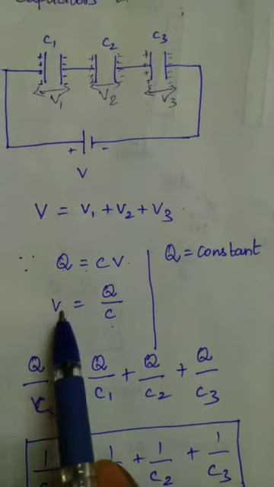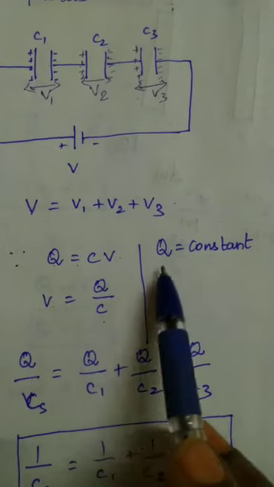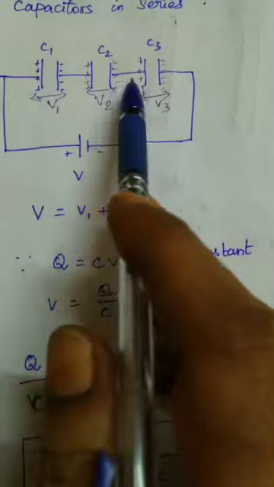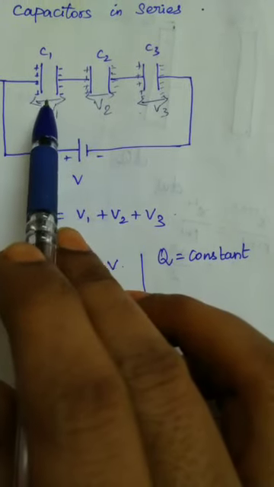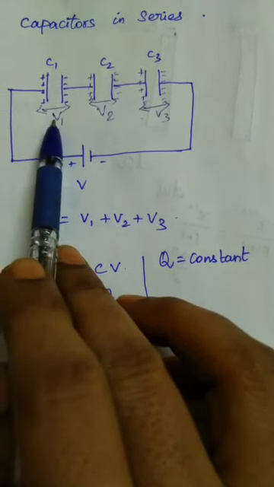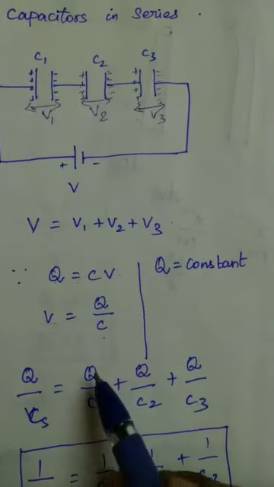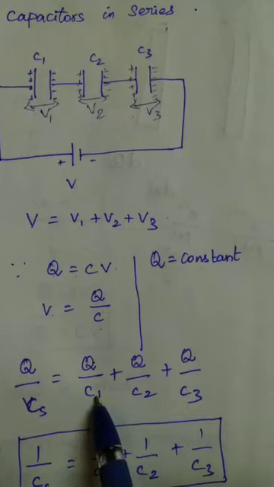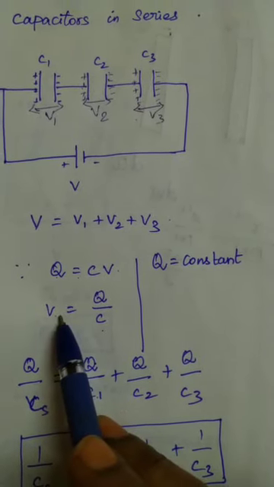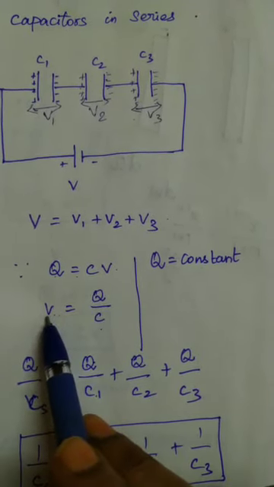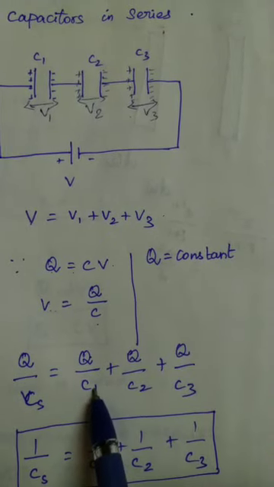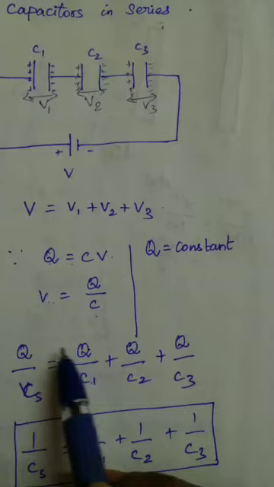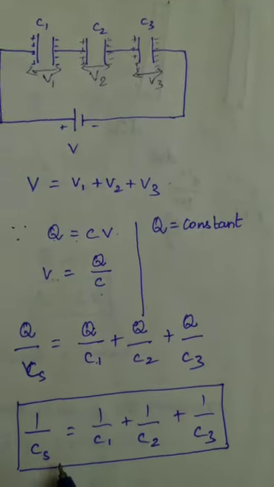Then V1 is equal to Q by C1, and so on. Q is a constant here because the same charge flows through all three capacitors, so Q remains unchanged and the potential varies with the capacitance, since they are inversely related. Then, with C1, C2 and C3, Q gets cancelled.